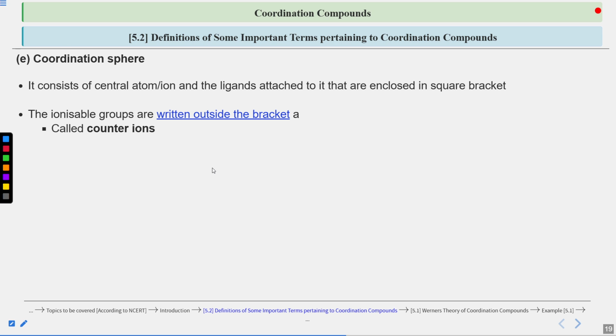So those ionizable groups that can be separated from the complex compound when dissolved in solution are written outside the square bracket and called counter ions.